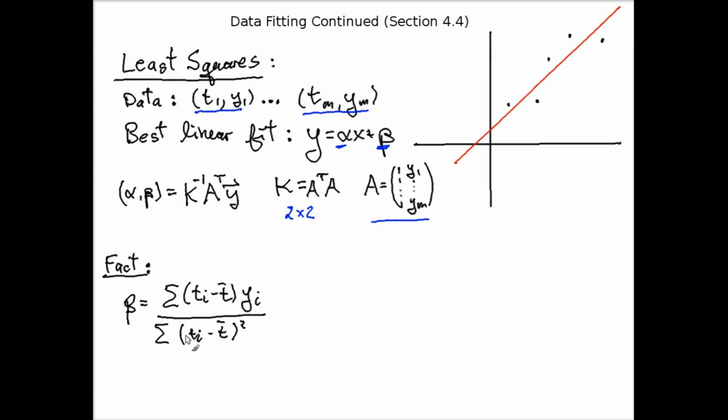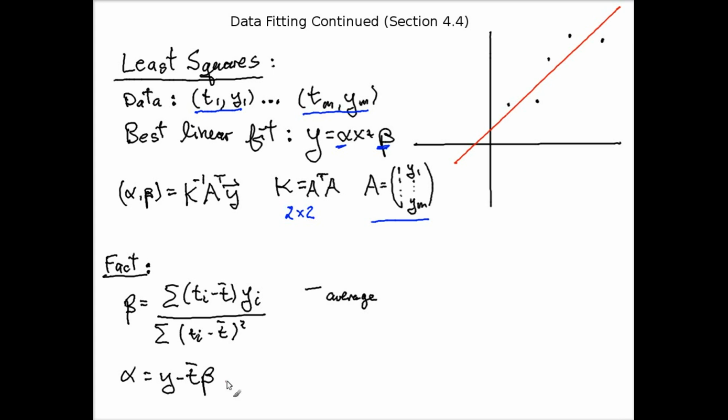These sums are all from 1 to M, and the bar means average. So T bar is the average of all of the T's. And alpha then turns out to be Y bar minus T bar beta.